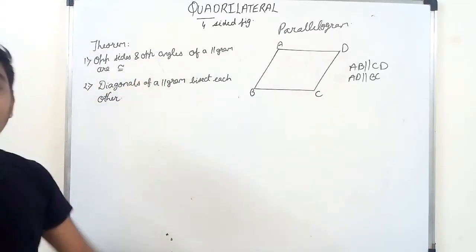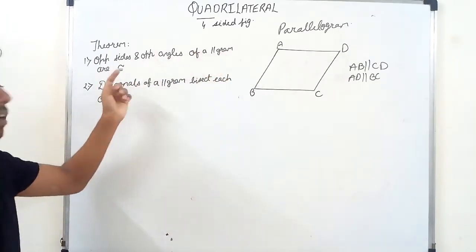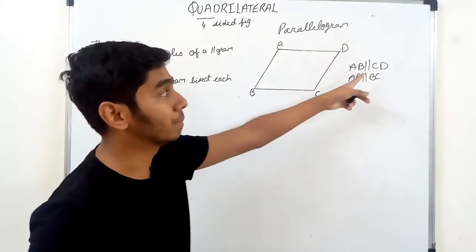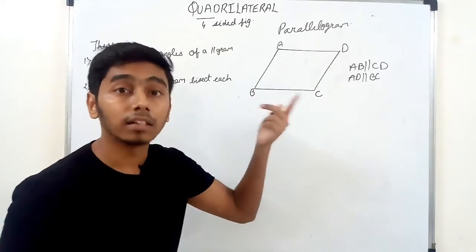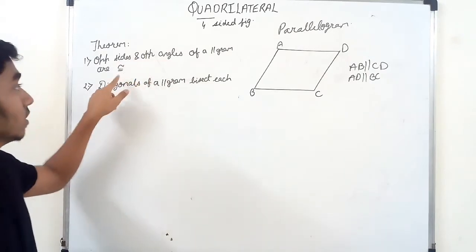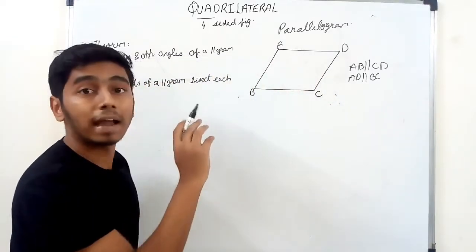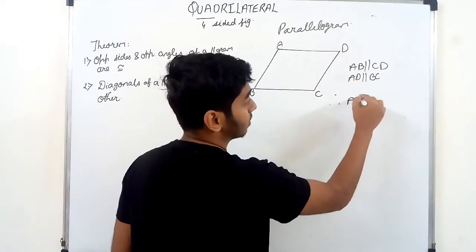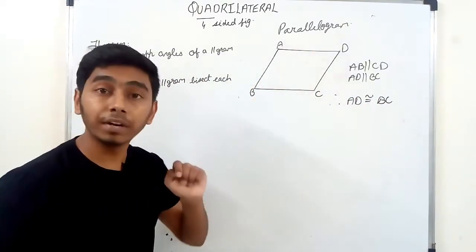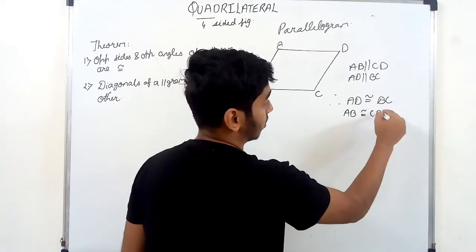Now let's understand the first theorem, which says that opposite sides and opposite angles of a parallelogram are congruent. That means if ABCD is a parallelogram, with opposite sides parallel, then opposite sides and angles are congruent. So for this parallelogram, side AD is congruent to BC, and AB is congruent to CD.